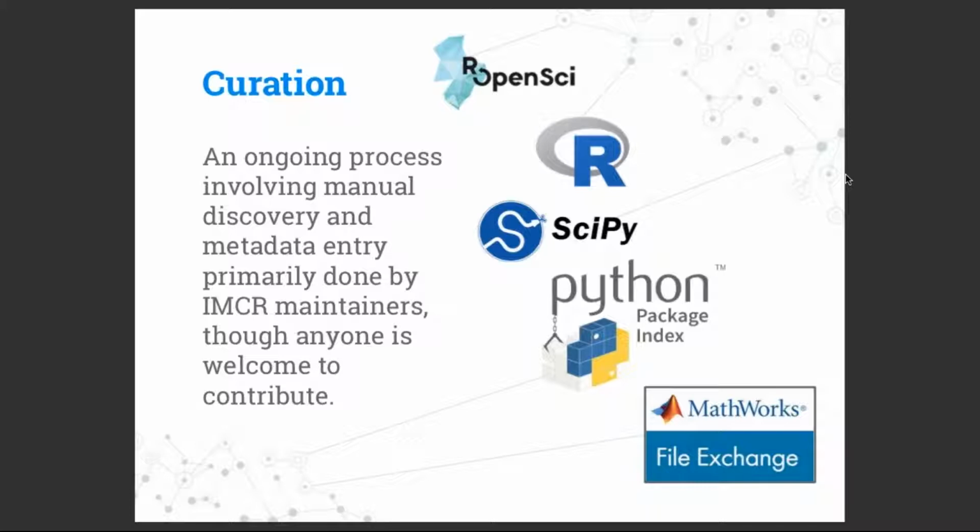And so we've been searching through CRAN and R Open Science for IM software packages that we think are useful. And now just kind of getting into Python, searching through the massive Python package index, as well as SciPy, just kind of the R Open Science equivalent for Python. And then we plan on extracting and curating useful software from the MathWorks file exchange as well.